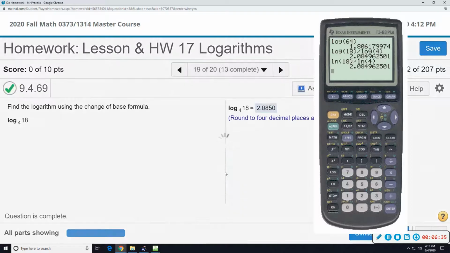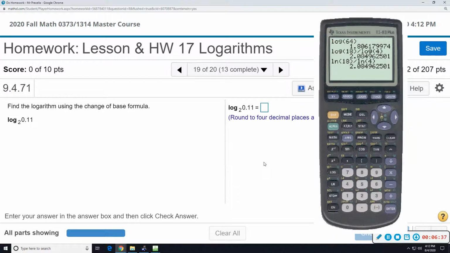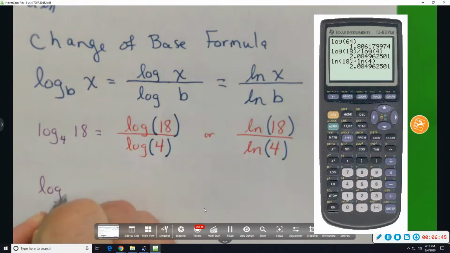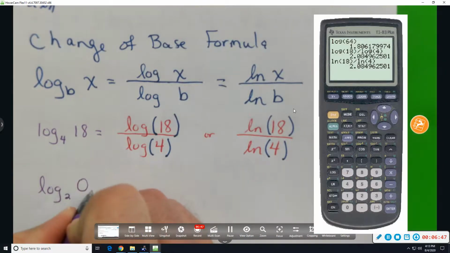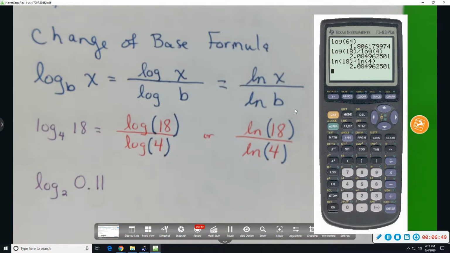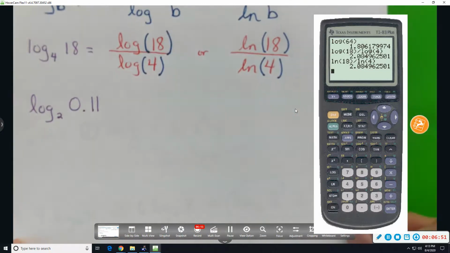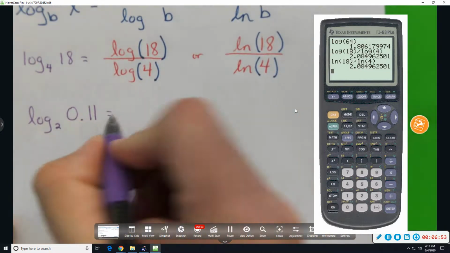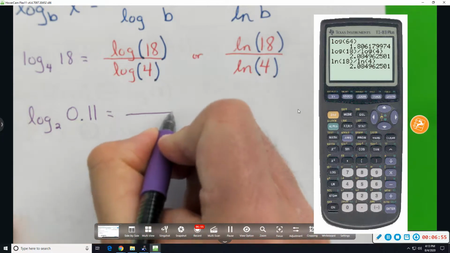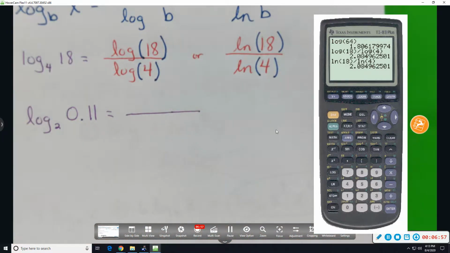Let's see. There's another one. Okay. Log base 2 of 0.11. Up we go. Well, since Tim prefers LN, we'll just do it with one of them. You can use either LOG or LN.